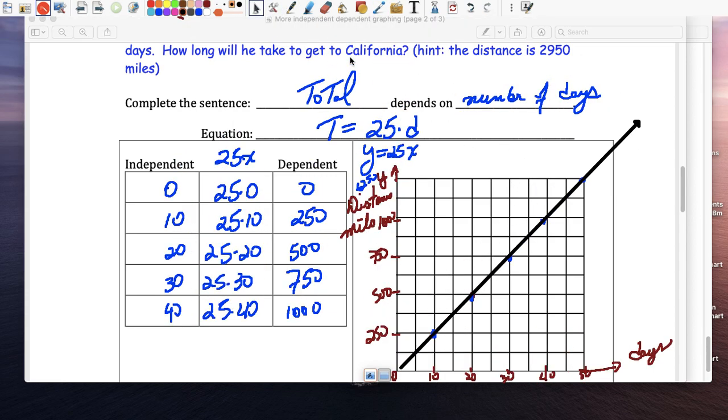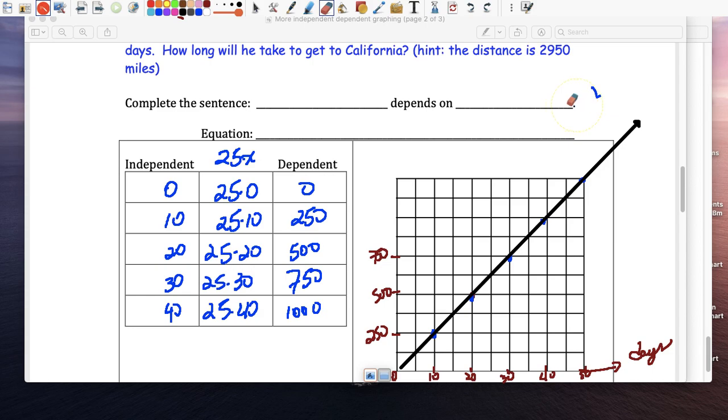All right, so we're looking for a point, and allow me please to erase this. If we looked at the graph, that's 750. This is 1,000. This is 1,250. So we actually want this 2,000, right? So at this point over here, when he walks 2,950 miles, what would be the number of days?